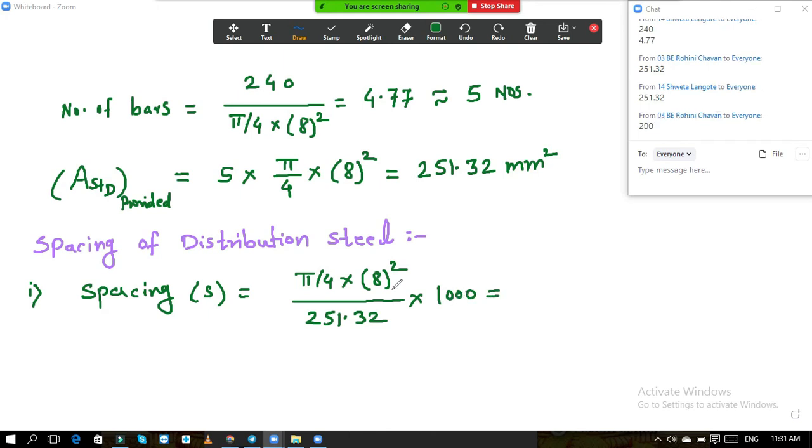What is the answer? It is 200 mm center to center.